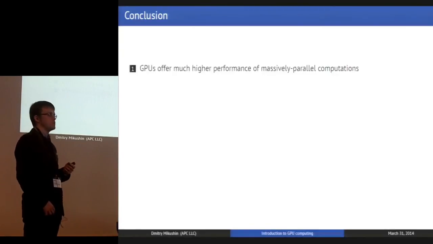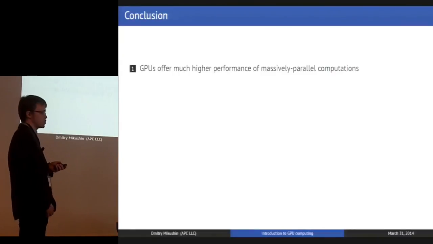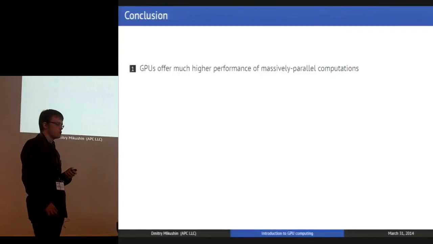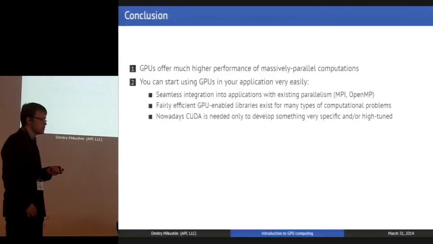Here we provide only the general introduction. More details about architecture will be in the CUDA programming presentation. And for now, I will conclude that GPUs offer much higher performance on massively parallel computations, as you saw. You can start using GPUs in your application very easily.